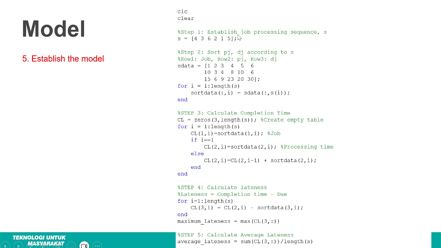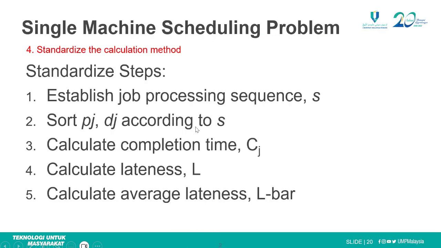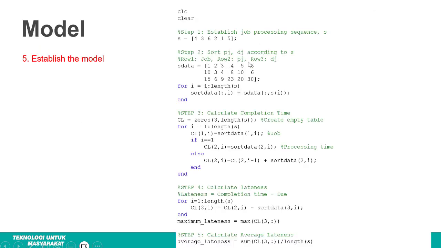Step number 1, we establish the job processing sequence. For example, our sequence is like this: 4, 3, 6, 2, 1, 5. Then step 2, we sort pj and dj according to s. So we are sorting this data, from the s data, which is the raw data.